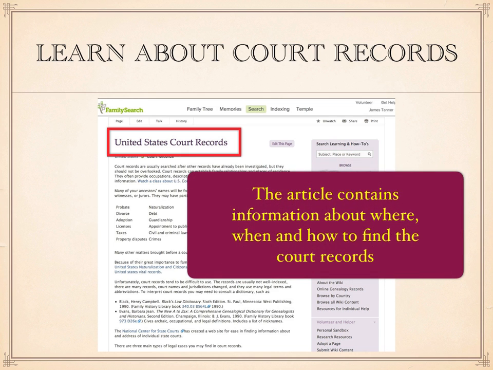It's important to understand that this article contains information about where, when, and how to find the court records. This is not going to list a bunch of court records or give you links directly to the records. It can tell you where the records can be found in a general way and sometimes very specifically, but it does not contain the records themselves. The records are not contained in the wiki.